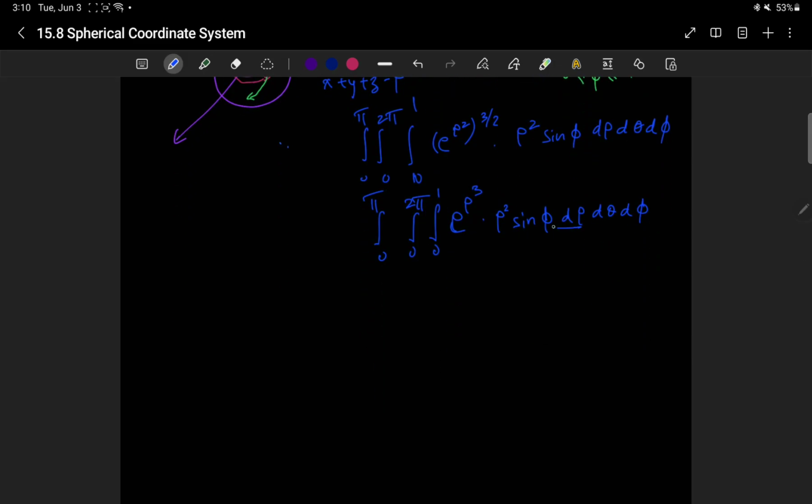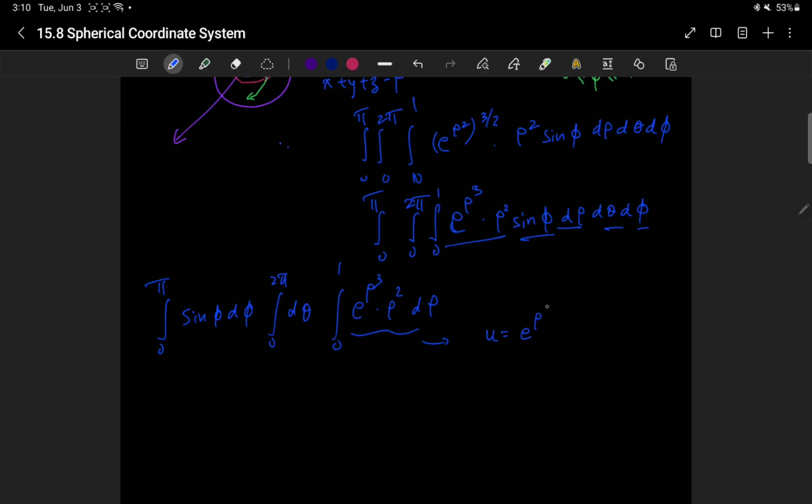Now, as you can notice, this becomes separable. So this breaks down into three integrals. This will be the integral from 0 to pi of sine phi d phi, the integral from 0 to 2 pi of d theta, and the integral from 0 to 1 of e raised to rho cubed, rho squared d rho. This can be worked out with a u substitution.